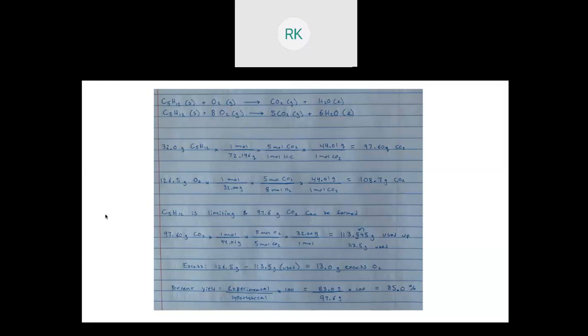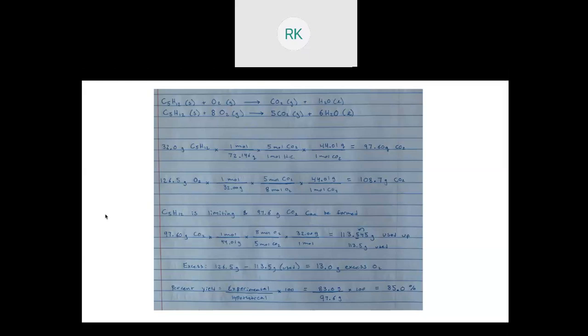We know that ratio from our balanced equation. And 1 mole of oxygen, remember it's diatomic oxygen, O2, is 32 grams. This gives us how much oxygen we used up, right? This stoichiometrically is telling us 113.5 grams was used in order to make that 97 grams of CO2.